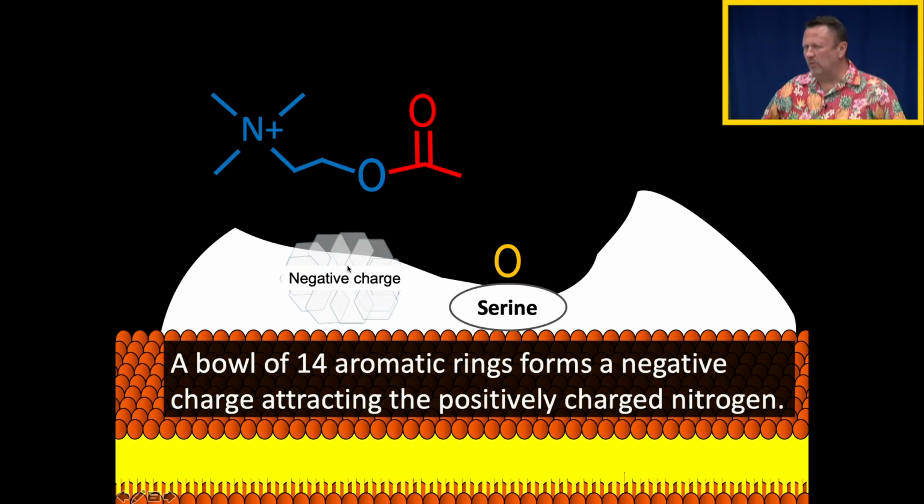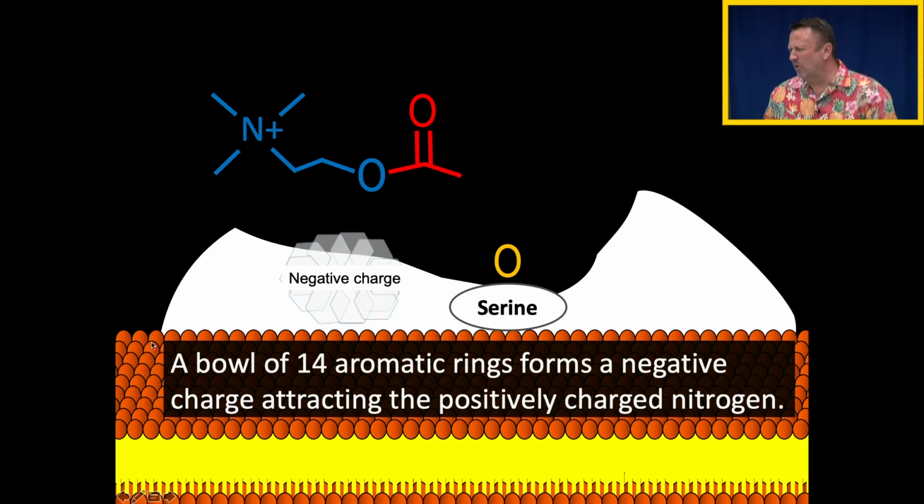When these chains come together, the amino acids that have the little aromatic rings on the end of them, like phenylalanine and tyrosine, come together and form this bowl with an overall negative charge.